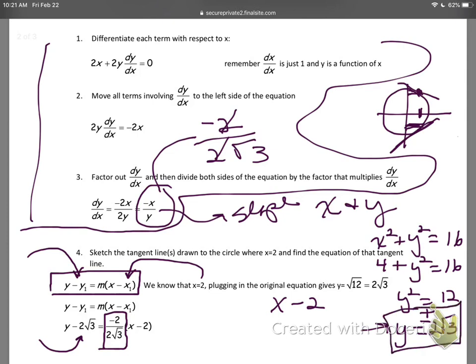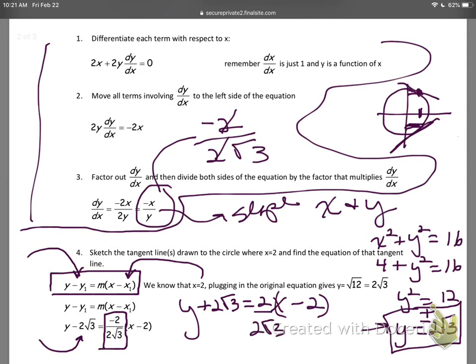If I had not restricted you to the first quadrant, then I would have to have 2 lines. So to get the other line, the other y value is going to be a negative 2 root 3. Therefore, I can write y plus 2 root 3. And that's going to make my slope positive. So it'll be positive 2 over 2 root 3. And then I would cancel the 2's.